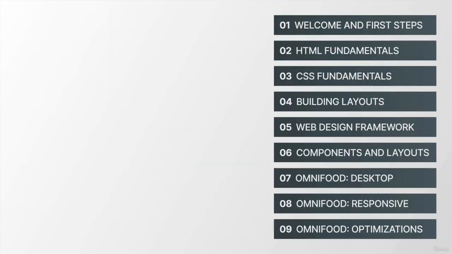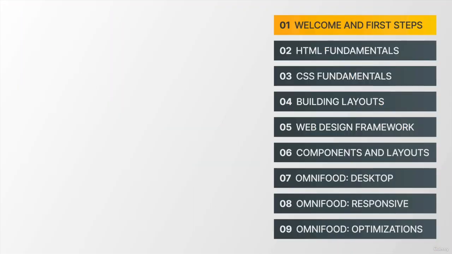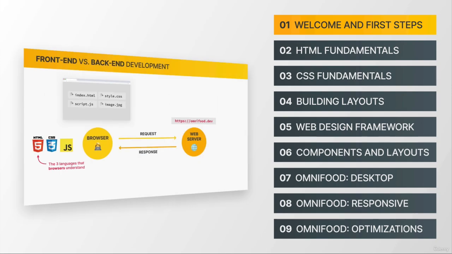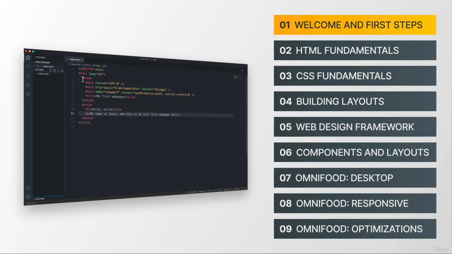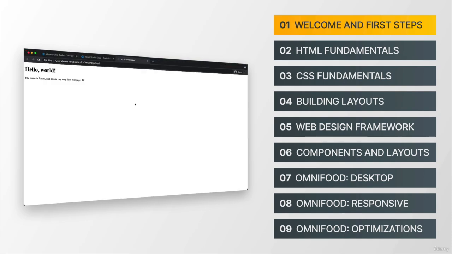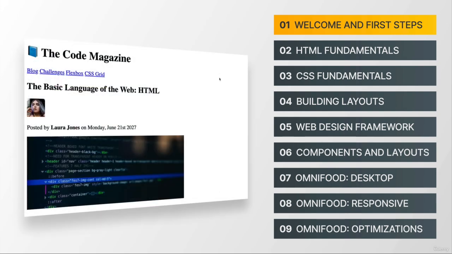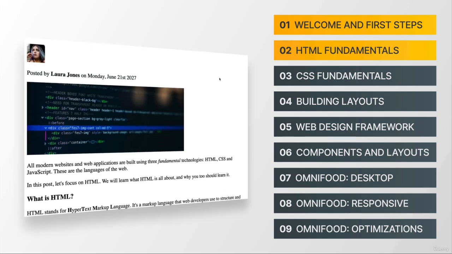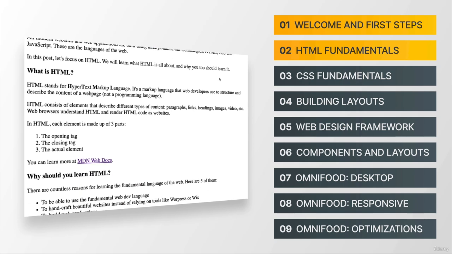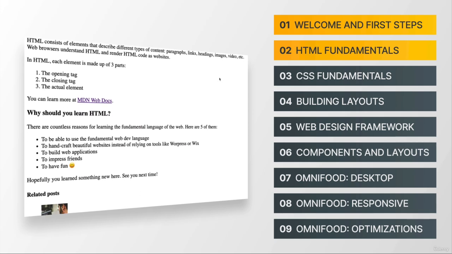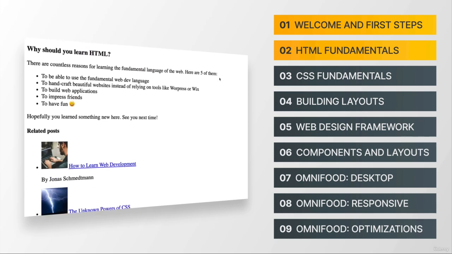And it starts right here in section 1, where you will get a high-level overview of web development in general, and you will also build your very first but extremely simple web page just to get you excited for what's ahead. Then in section 2, we're gonna move to the very basics of the HTML language by building a small project to give you a solid foundation for the rest of the course.